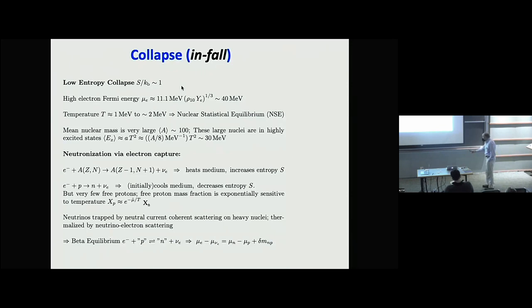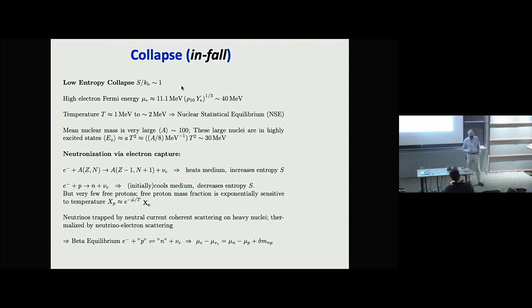So when these processes get going, we eventually come into chemical equilibrium, which we call beta equilibrium, and I put the protons and neutrons in quotes because they're generally in heavy nuclei, and there's some chemical equilibrium relationship between the chemical potentials. Now, I want you to look at this.